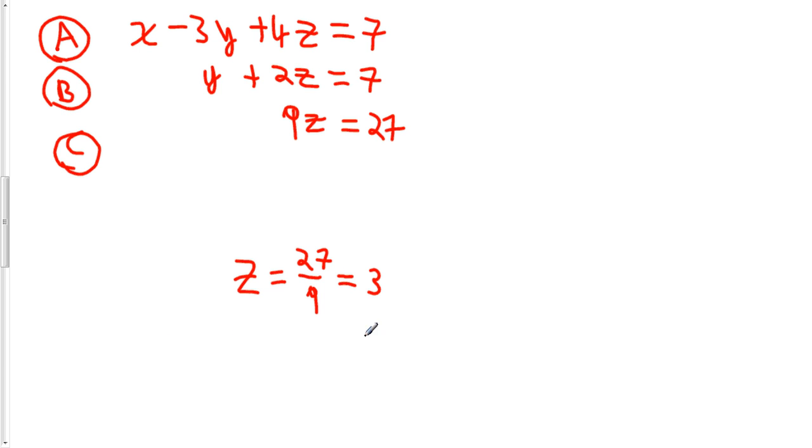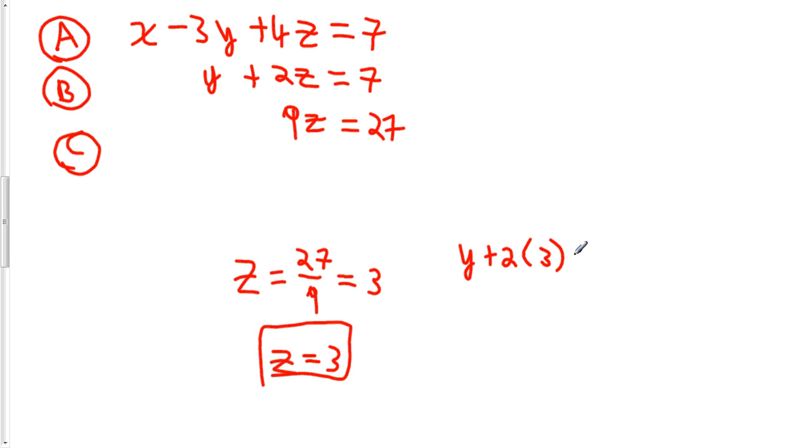I also know that y plus 2 times z, which is 3, is equal to 7. So this says that y plus 6 is equal to 7. So that means that y is equal to 1.